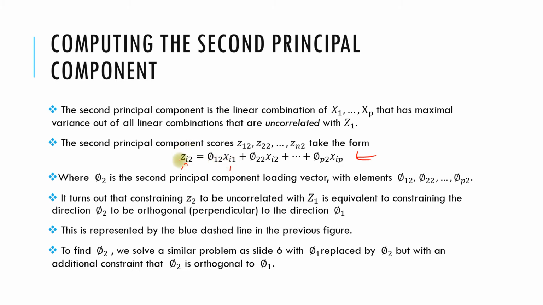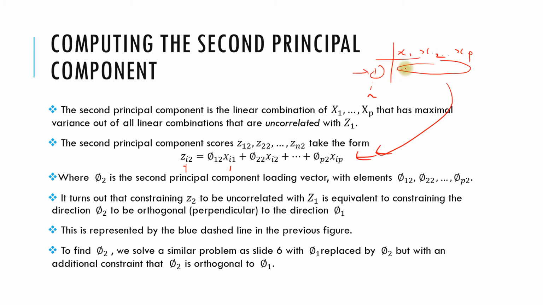If you want the second principal component scores, for each value of i, from 1 up to n, you are going to have an x1, x2 up to xp, and for each of these you apply this transformation.